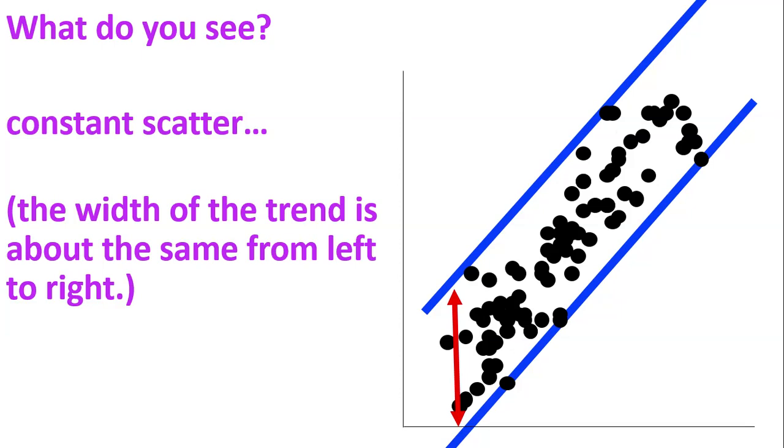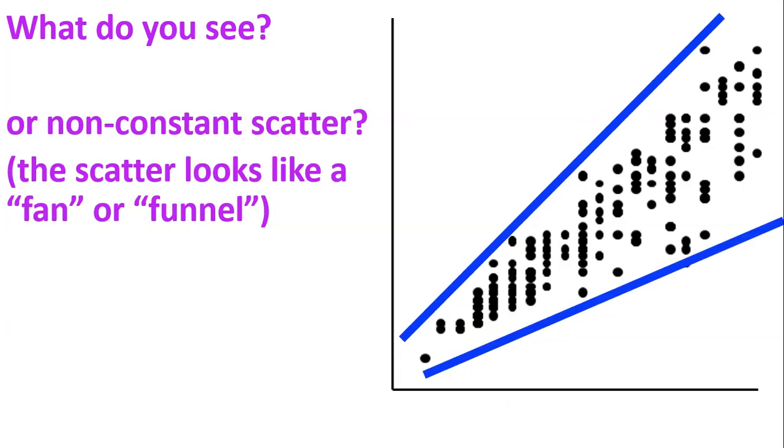For low values of x, how wide is that relationship? At other values of x, so now I've gone up to the top, how wide is that width at the top? I can see there that the width is the same at the top as it is at the bottom, and that tells me I've got a constant scatter.